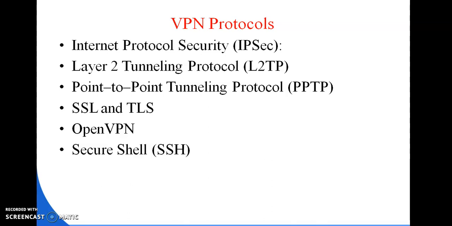Again I am repeating, IP security runs in two modes. One is transport mode, the second is tunneling mode. The work of transport mode is to encrypt the message in the data packet, and the tunneling mode encrypts the whole data packet. IP security can also be used with other security protocols to improve the security system.